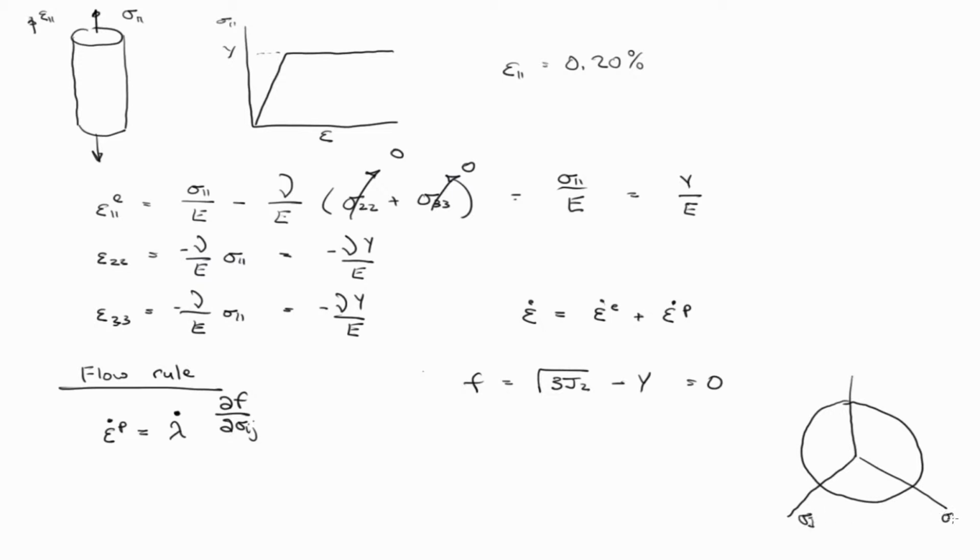sigma 1, sigma 2, sigma 3. So here, this is our yield function. This is F, right? This circle. And so geometrically, what is partial F partial sigma ij? It's some vector that's normal to this surface, right? Partial F partial sigma ij.